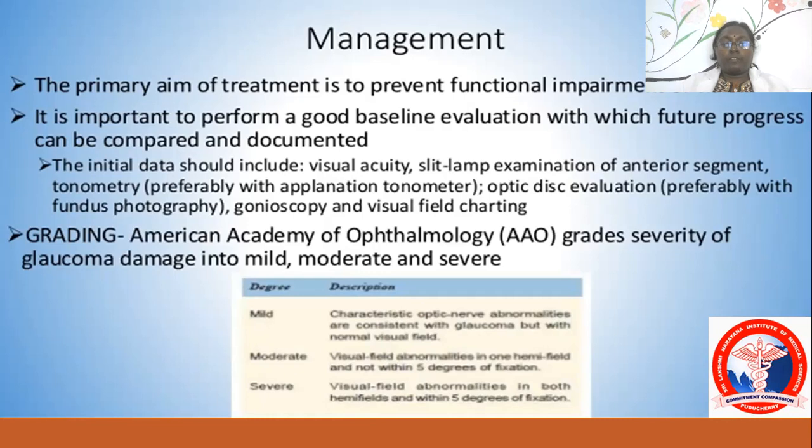The severity of glaucoma can be graded as mild, moderate, or severe by the American Academy of Ophthalmology. In mild glaucoma, there are characteristic optic nerve abnormalities consistent with glaucoma, but the visual field is normal.